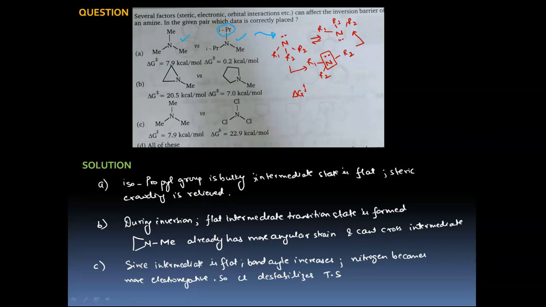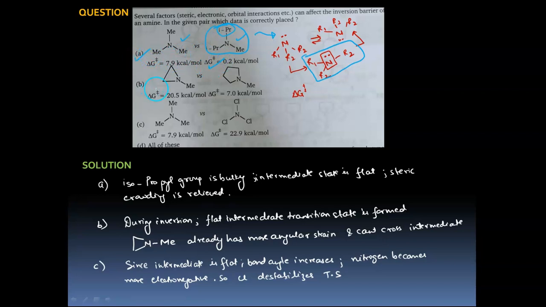It pushes the molecule to move towards the intermediate flat state. Why? Because the steric crowding would be relieved, right? Because of its crowded nature, isopropyl pushes the molecule to achieve the intermediate flat state, because then the groups would be far apart, and therefore inversion is more likely to happen in the isopropyl-containing substrate than the other one. So here this delta G should be less, and therefore A is correct.